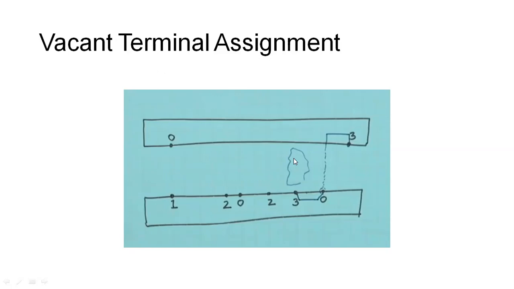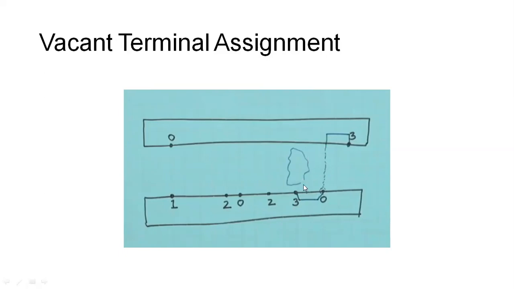So what do you do? You do over the cell routing from the terminal 3 to the vacant terminal here, from here to here, and then move out to here, and then you can connect it this way. So you are avoiding the congested region.